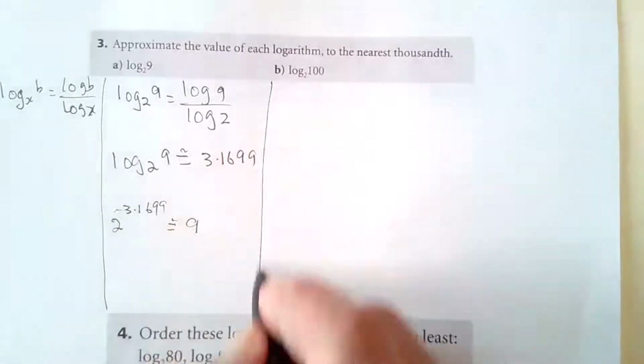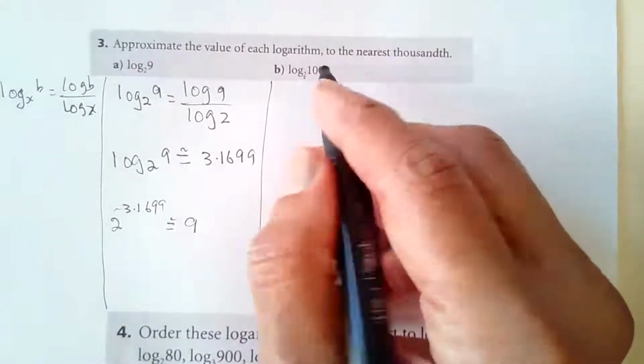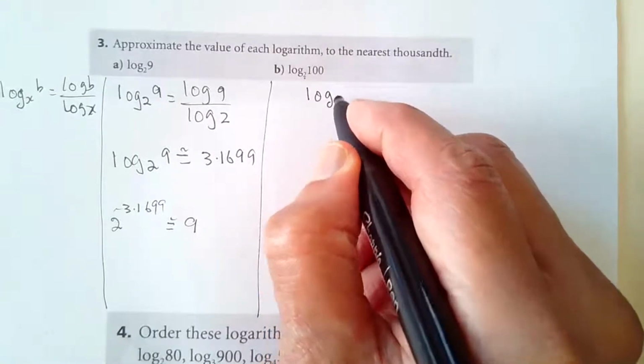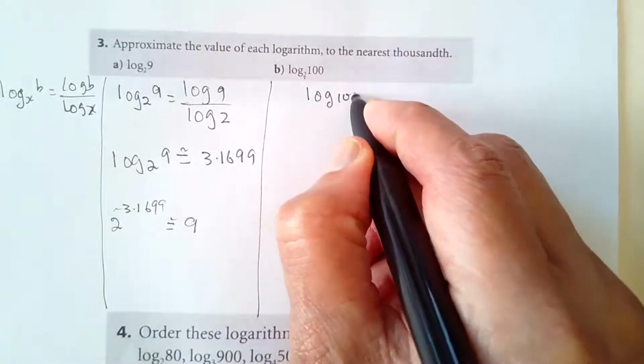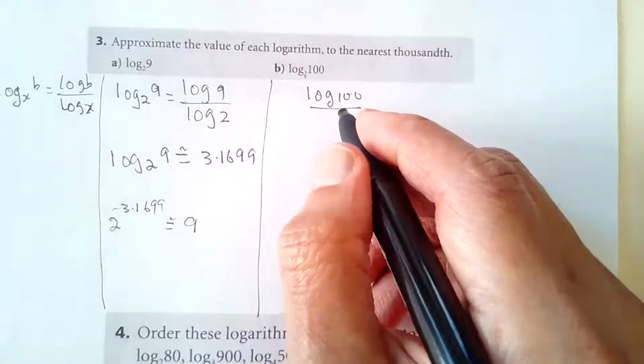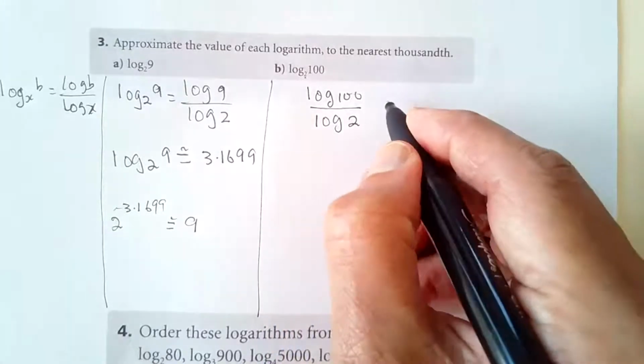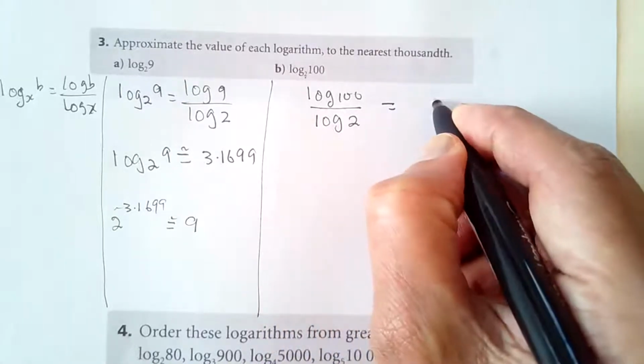Here we have log base 2 of 100, so we can put that as log 100 divided by log 2, which is 6.something.